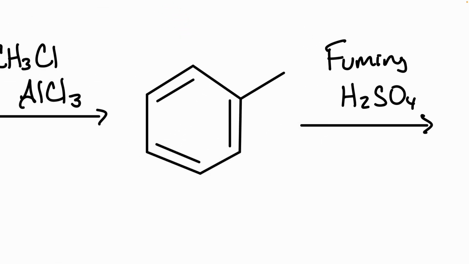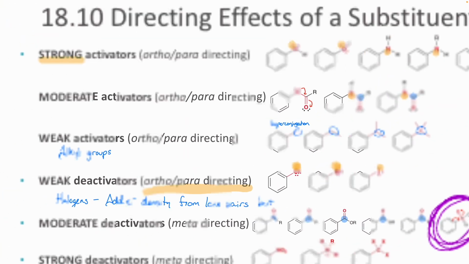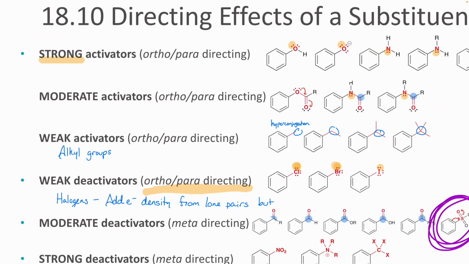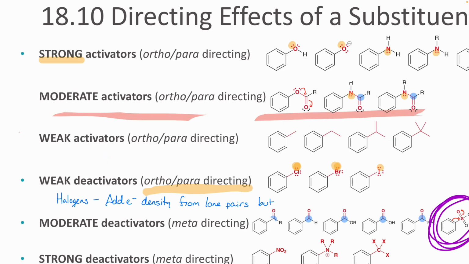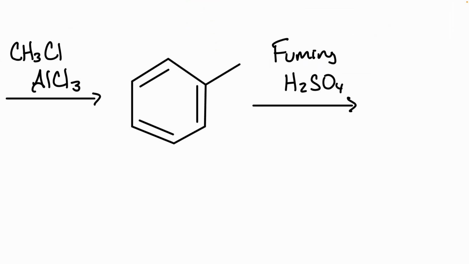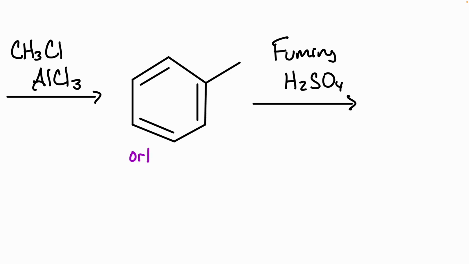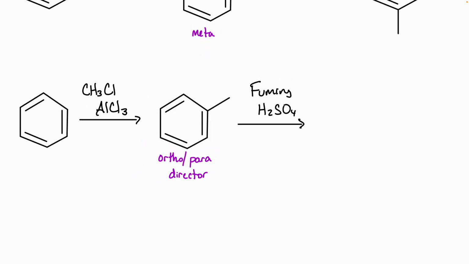This intermediate here, we have a fancy name for. What's the name of this guy? Toluene. All right, cool. And toluene is what? An ortho-para or a meta-director? Remember, all of our alkyl groups are ortho-para directors. So this is ortho-para directing, which means that I'm going to have two products here.